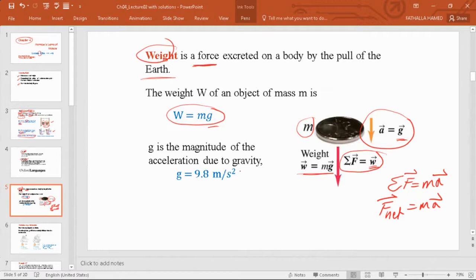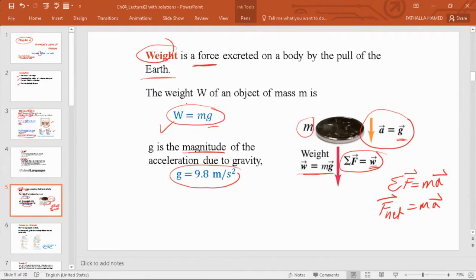And of course, as we stated earlier in chapters 2 and 3, the magnitude of g is 9.8 meters per second squared. So here we define the magnitude of the weight as mg.